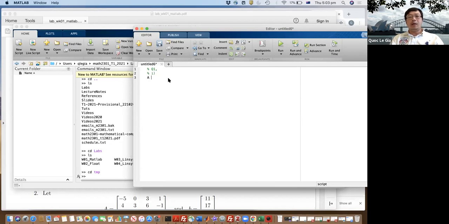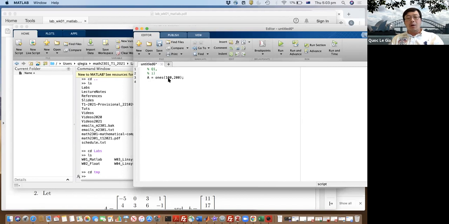So the matrix A will be 100 by 200. So this command ones, you know, like ones and two numbers, gives you a way to define a matrix of size 100 by 200, and all of the elements are ones.